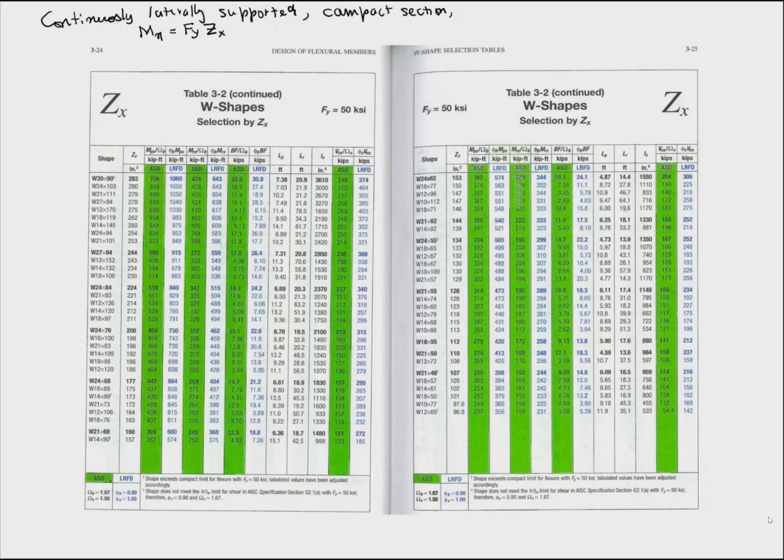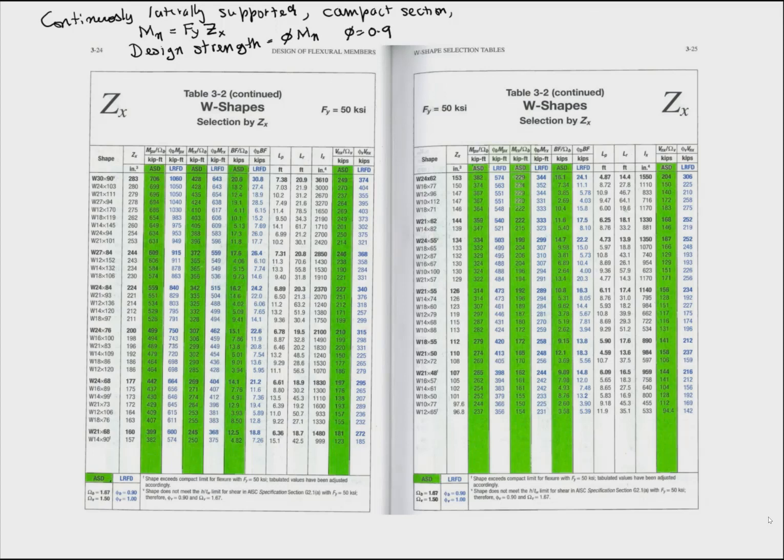And the resistance factor for bending is 0.9, and so the design strength is phi times Mn, and the phi equals 0.9 for bending.